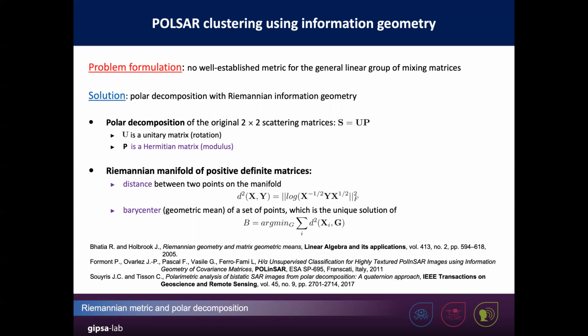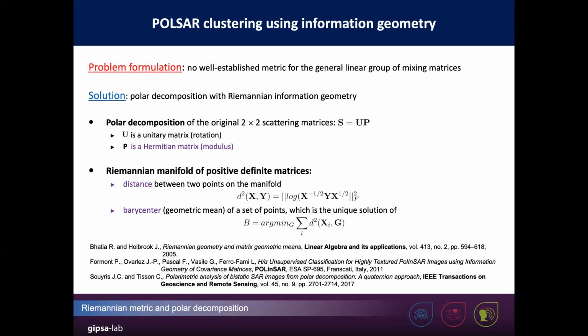Now, the interesting part of this decomposition is that using a 2x2 general linear group matrix from a scattering matrix, we obtain a Hermitian factor which belongs to the Riemannian manifold of positive definite matrices.